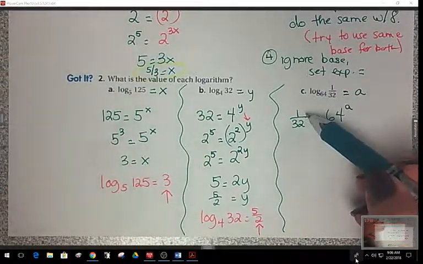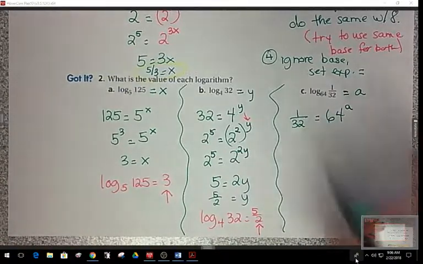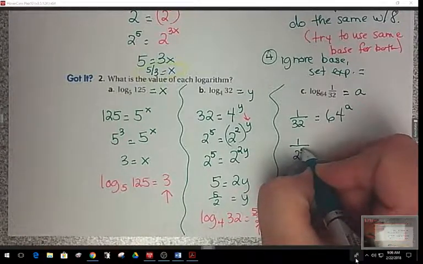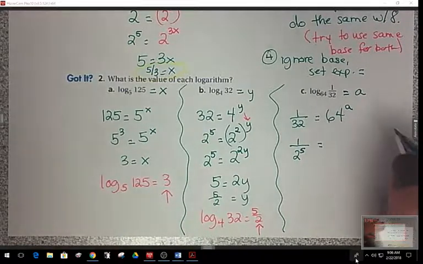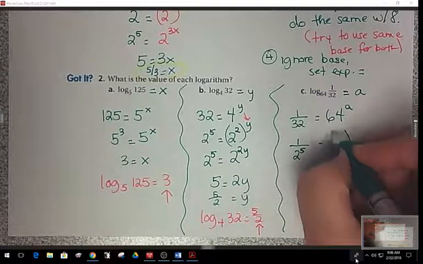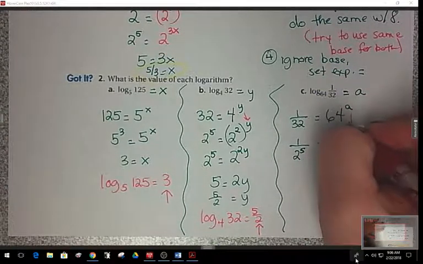Because I can rewrite 1 as 1 to any power, so that's not my problem. My problem is the 32. So I'm going to rewrite it as 2 to the 5th, just like we've done for the last couple of problems here. 64 can be rewritten as 2 to the 6th. And then remember, bring that a exponent straight down.